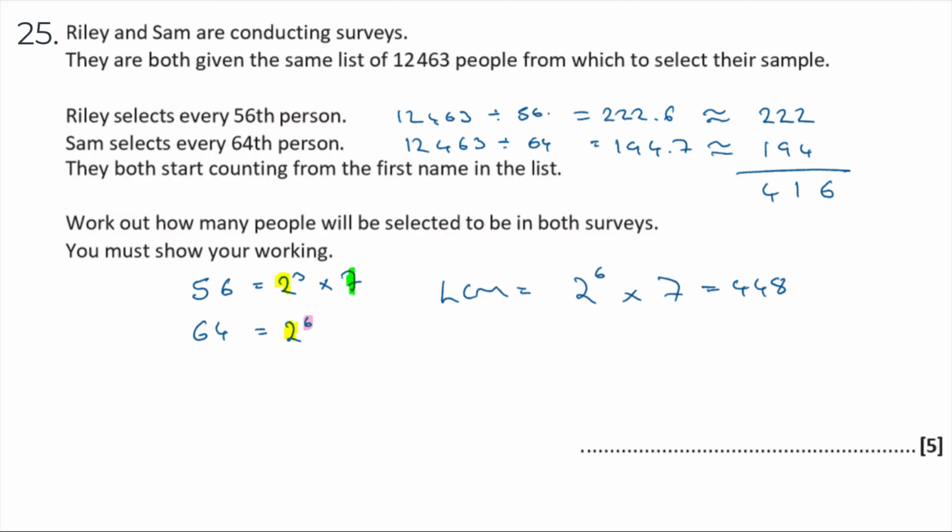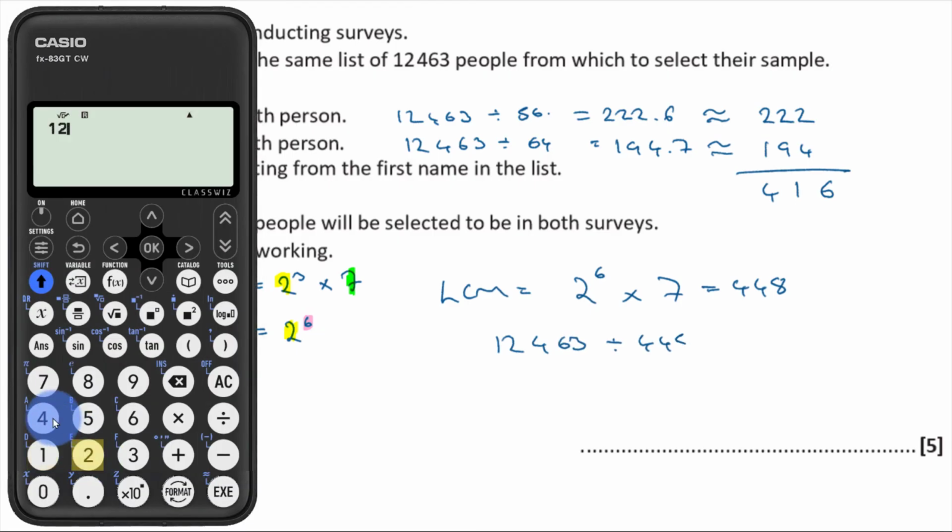Okay, now how many of those are there in 12,463? Because each one of those we've counted twice in that 416. So then we're going to do 12,463 divided by 448. That comes out to be 27.7.